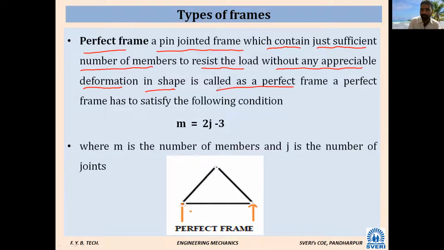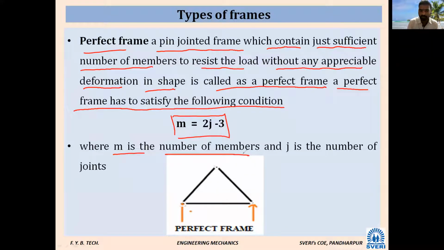A perfect frame has to satisfy the following condition: M is equal to 2J minus 3, where M is the number of members and J is the number of joints.